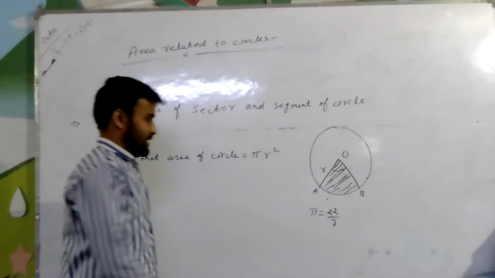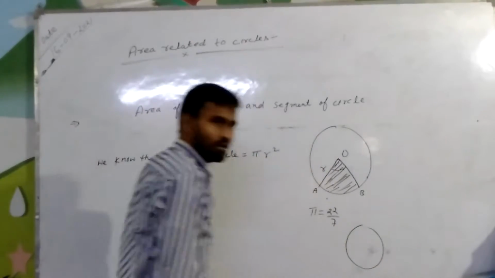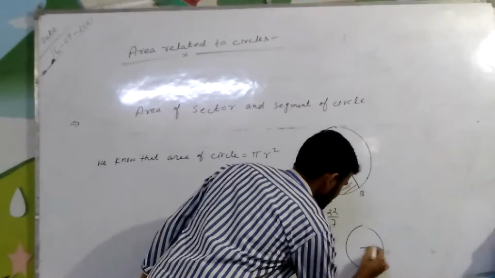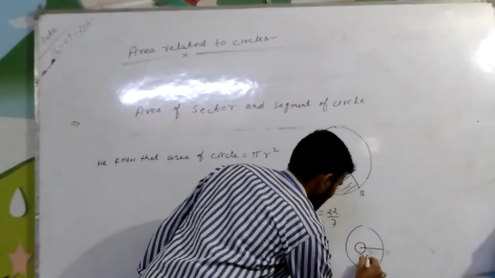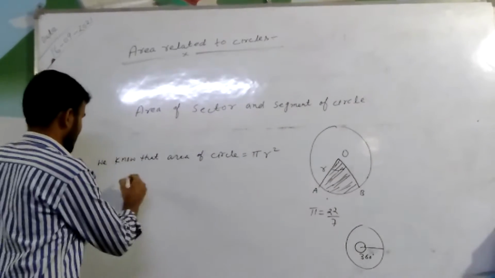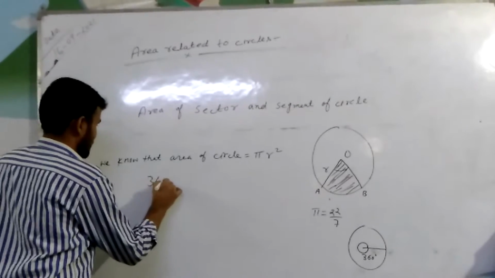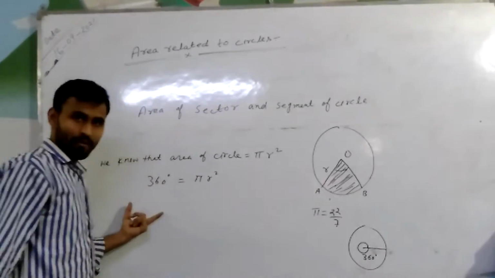We know that in a circle the total angle composed is 360 degrees. So we can say that when the angle is 360 degrees, then the area is pi r square.